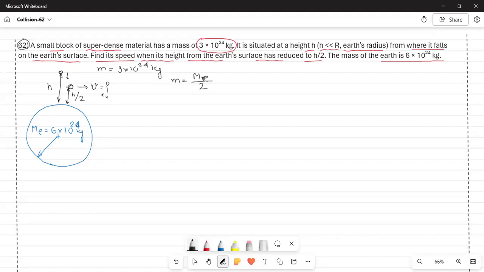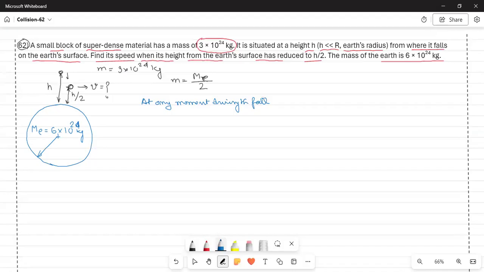At any moment during the fall, or during the motion, the linear momentum of the small body and the linear momentum of the Earth will be the same in order to maintain the law of conservation of momentum.